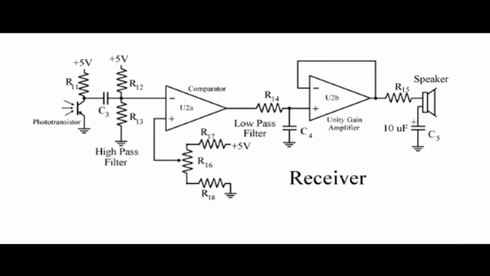Here is the circuit used to take the LED signal, infrared signal, convert it back into analog, and play it through the speaker. We used a phototransistor here, like a normal transistor, that takes the infrared signal from the LED as a basic gate voltage.